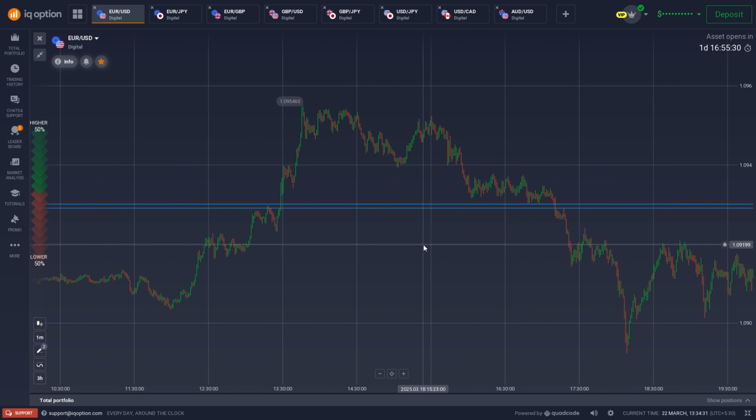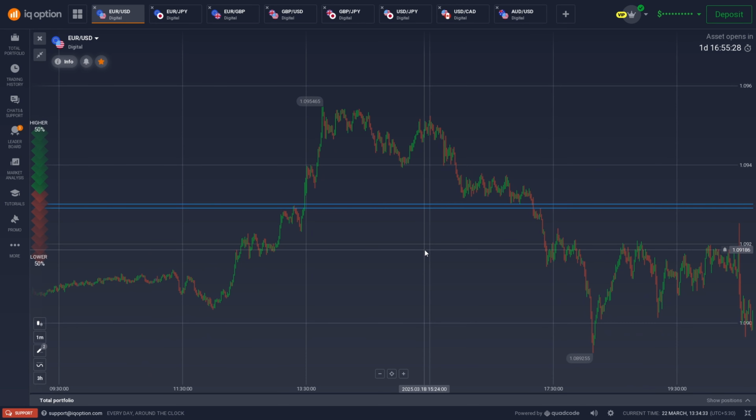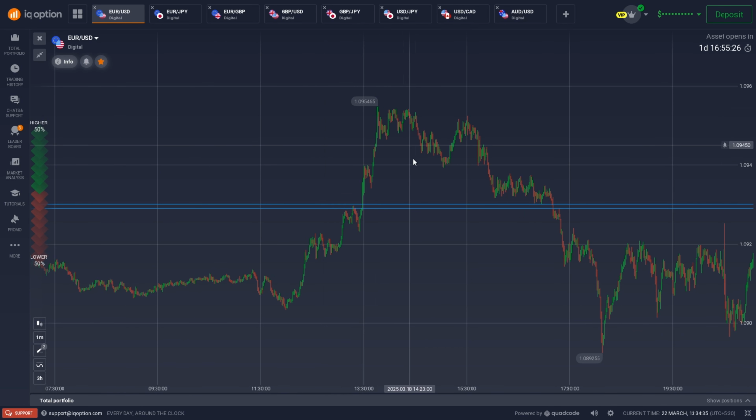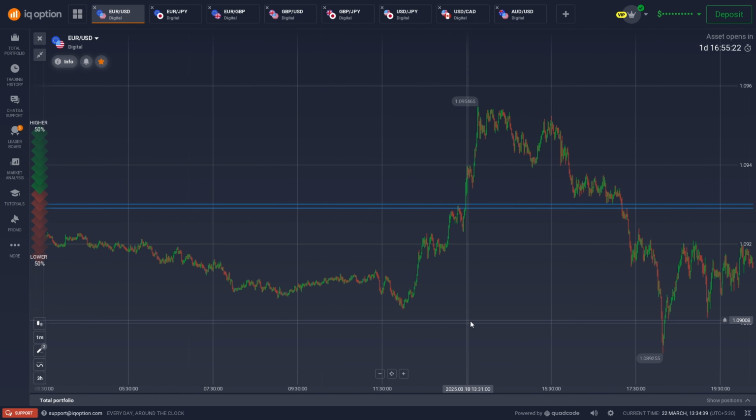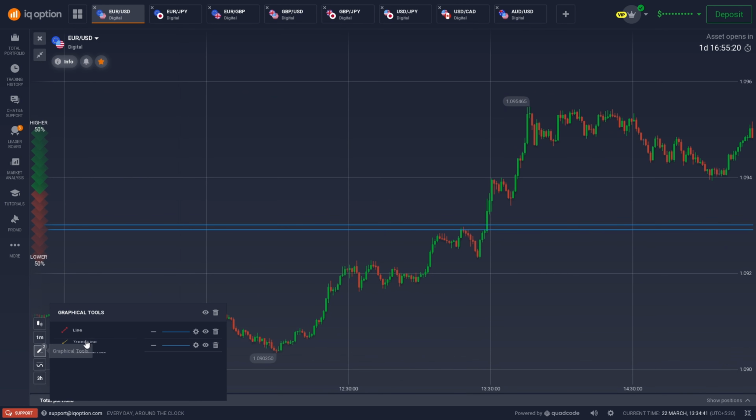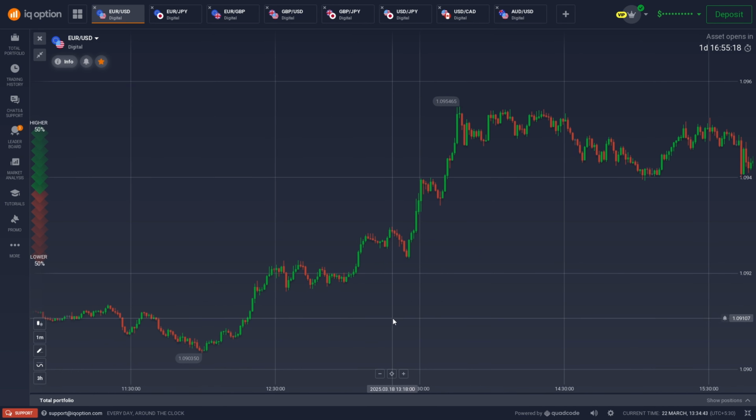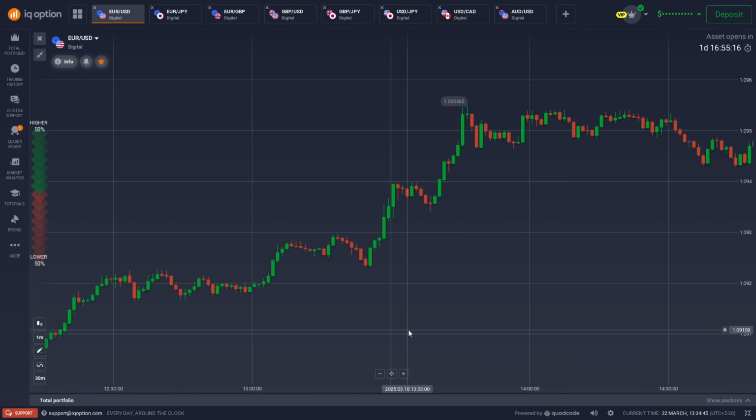So let's understand the basic scenario of why the price moves in the upside direction and why it moves in the downward direction. Suppose, let me remove everything. So you see that here the price did move very strongly in the upside direction. But why does the price move in the upside direction?